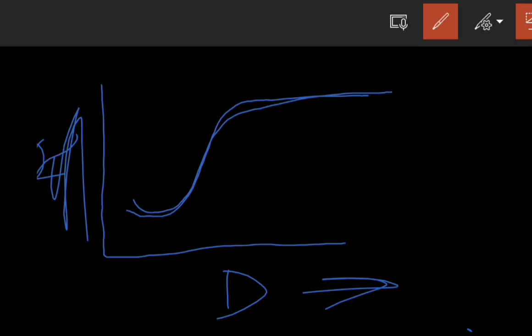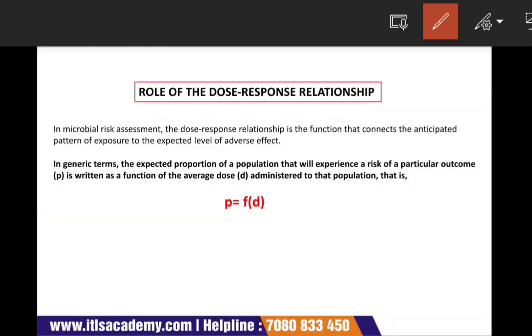Okay, so this is a curve, and the relationship it is defined by is P equals F(D). So in generic terms, it is the expected proportion of the population that will experience a risk of a particular outcome.